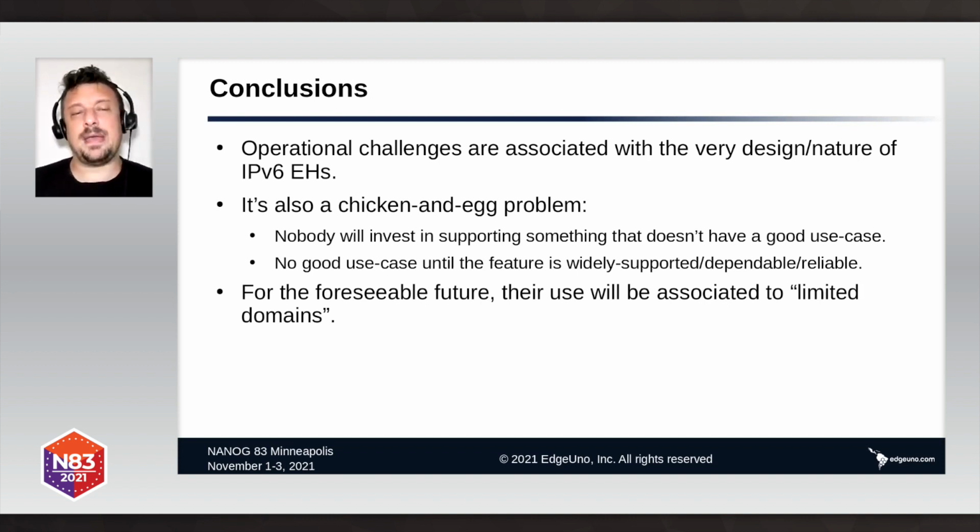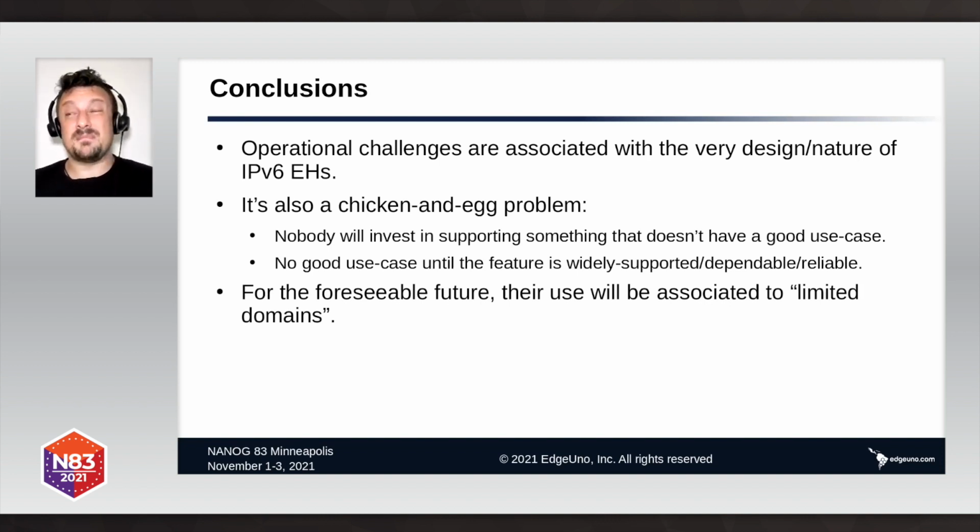So what I think that we have, and that we will have probably for quite some time now, is that we will be facing this chicken and egg problem, in which we will not see use cases for IPv6 extension headers because the feature is not really well supported in the deployed internet. And on the other hand, IPv6 extension headers are not going to become well supported if there's not a use case.